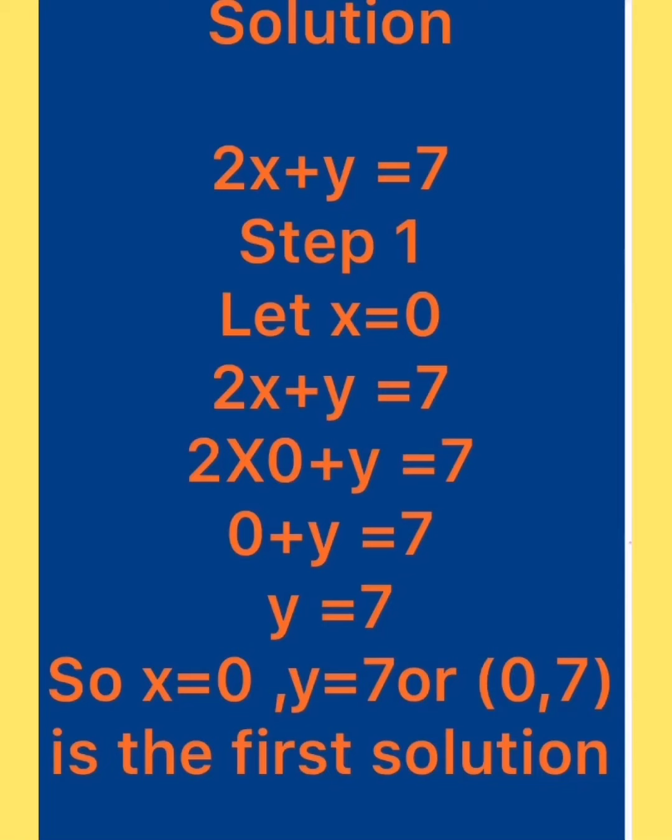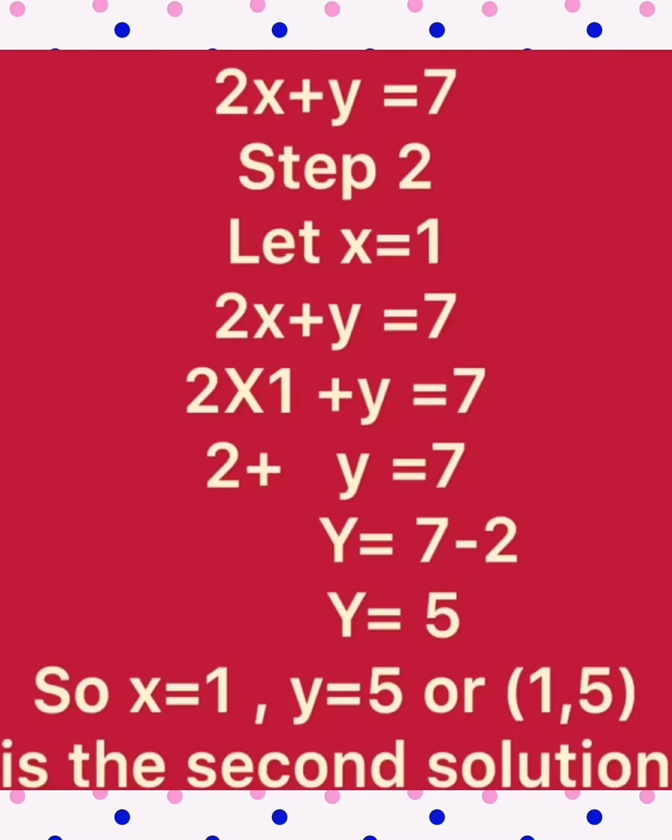To find the second solution in step 2, children, I will assume the value of x equal to 1. You can take any value. I have taken x equal to 1. I will put this value in the given equation 2x plus y is equal to 7. 2x means 2 into x. The value of x is 1, so 2 into 1 plus y is equal to 7.